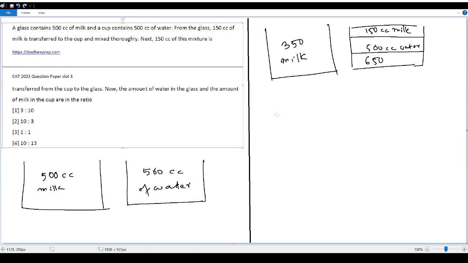Now 150 cc of this mixture is transferred back. Okay, fine. So what is the milk to water ratio over here? It is 150 divided by 500. So milk by water is 3 by 10.